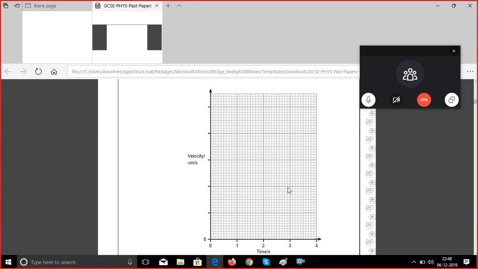So the coordinates are, you tell me what are the coordinates? Wait, let me put down the velocity first.